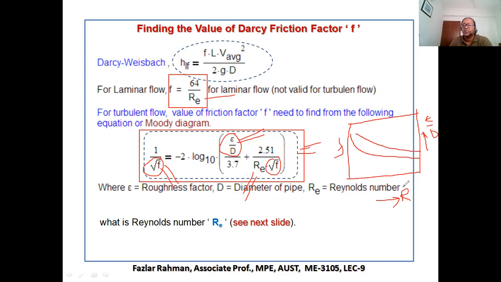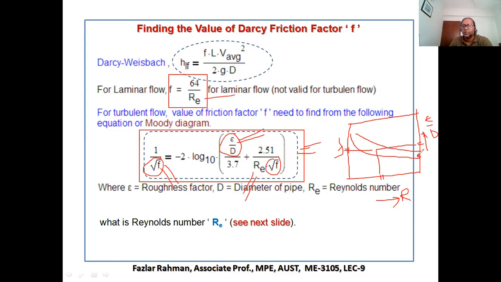At first you figure out the Reynolds number, say it is right over here. Then you figure out the ratio epsilon by D. So it's coming over here. Now you make a line. You are coming over here. So this will be your friction factor.